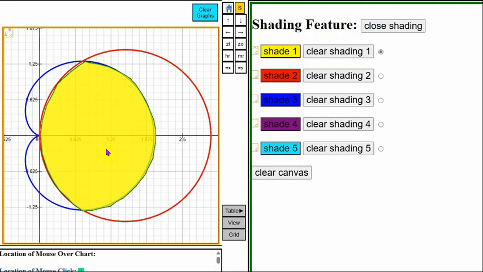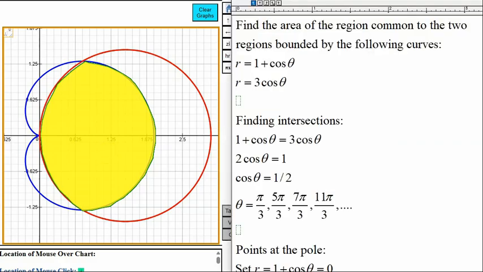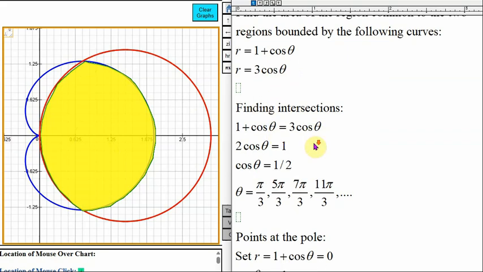This is the area of the region that we want. First we need this point of intersection right here, and then we also need the theta values at the pole. To find the point of intersection, we can set the two equations equal to each other.